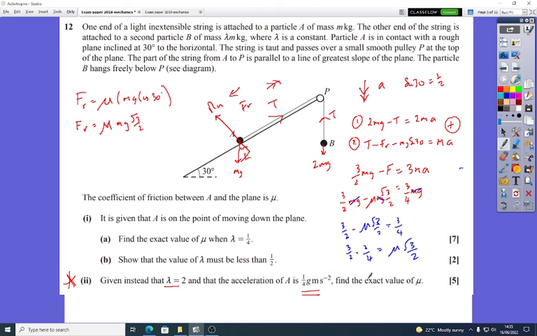Now 1.5 take away 3/4 is 3/4, and I'm going to take that to the side, so times that by 2 over root 3 is going to be the mu. So that cancels with that and will give me 2 at the bottom, and root 3 over root 3 is just root 3 on the top. So mu you should have got is root 3 over 2.